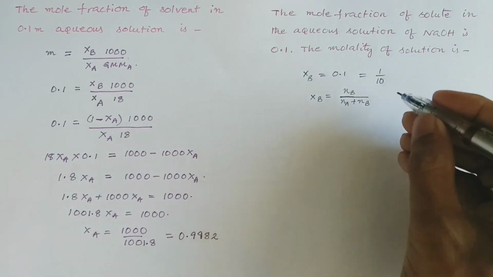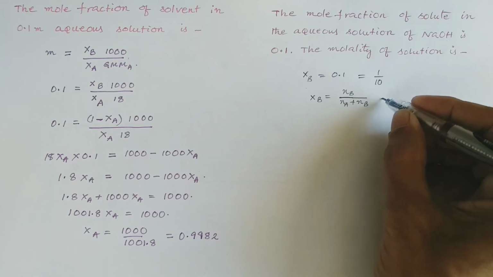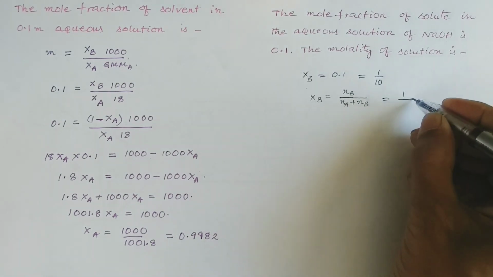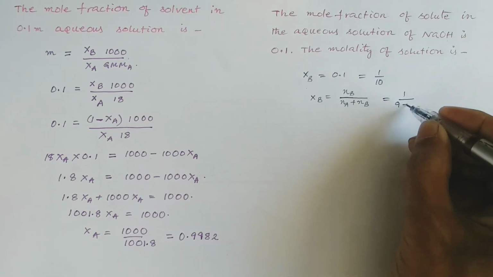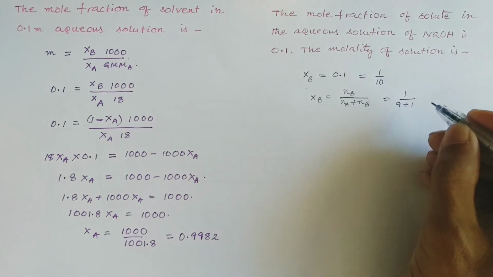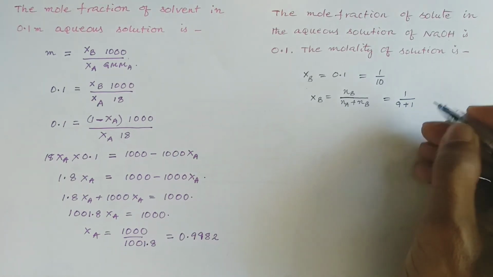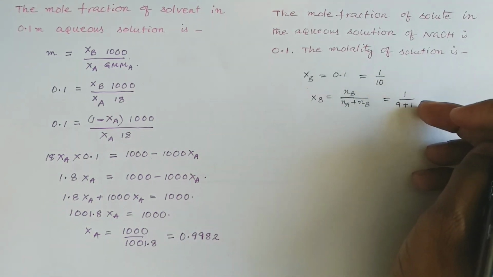Okay, so 1 mole of solute is present in 10 moles of solution, or it contains 9 moles of solvent and 1 mole of solute, right? So this is the mole ratio. Okay, 1:10.